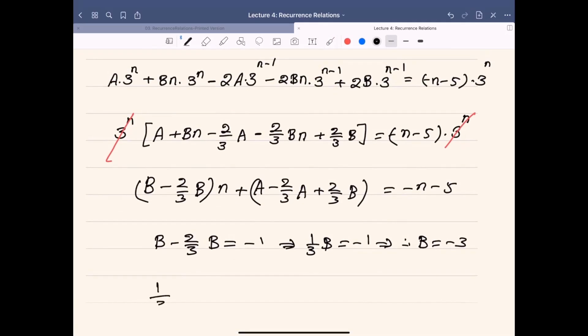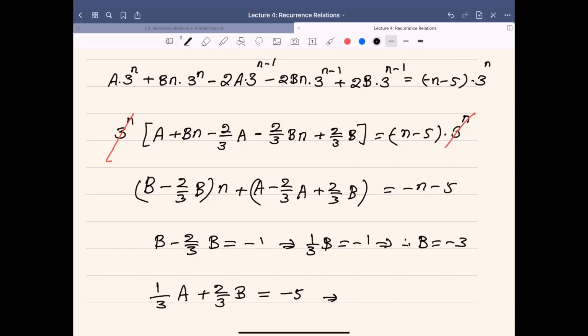Now the other equation, A minus 2 over 3 A is in fact 1 over 3 A, plus 2 over 3 B is equal to minus 5. And from here we have 1 over 3 A, and B is already minus 3, so we can find the value of A directly from here.